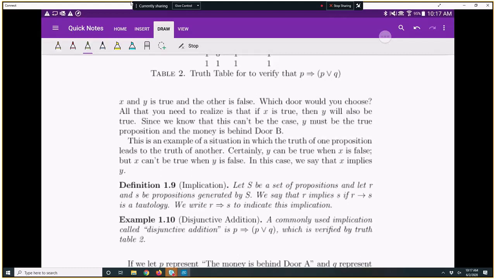Y can be true when X is false, but X cannot be true when Y is false. In this case, we say X implies Y.